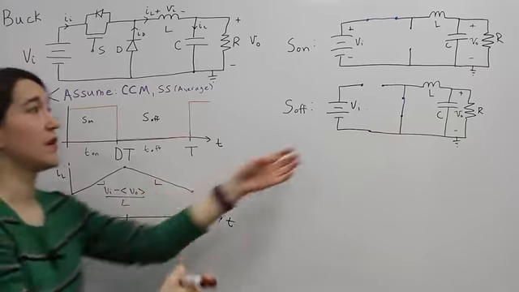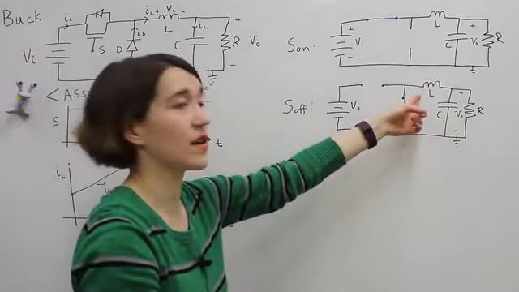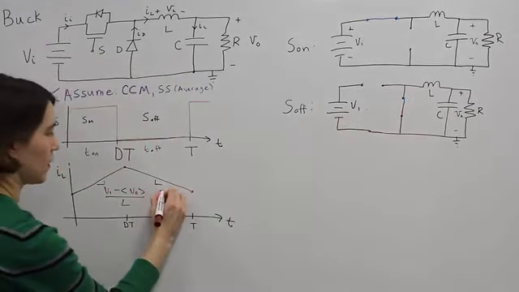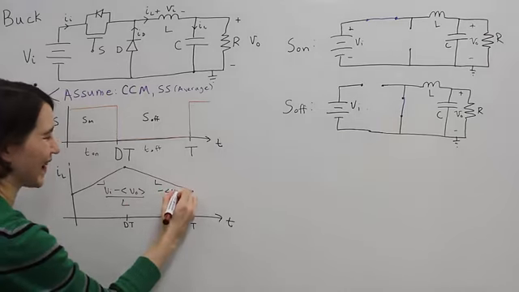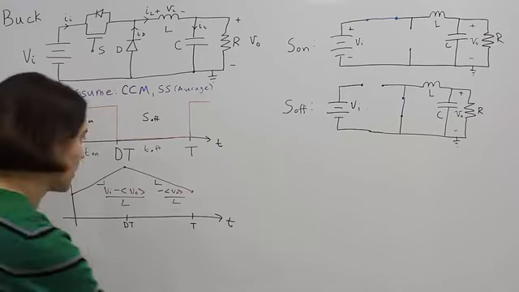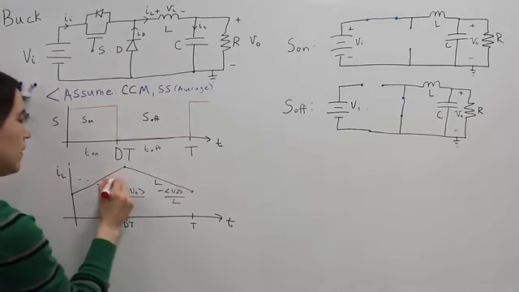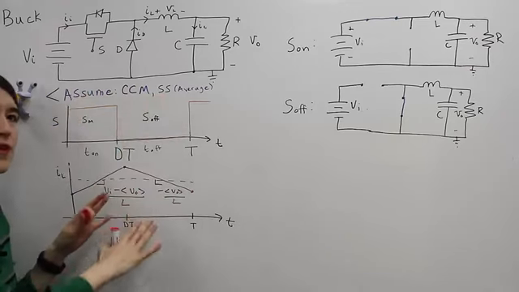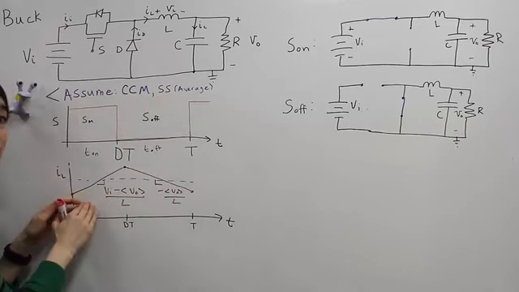Okay, let's look at the equation here again. The inductor voltage in this case is going to be negative V out, so the slope is negative V out over L. So if we look at this, we do see that the average value would be constant. So for this condition, this is approximately what our inductor current would look like.